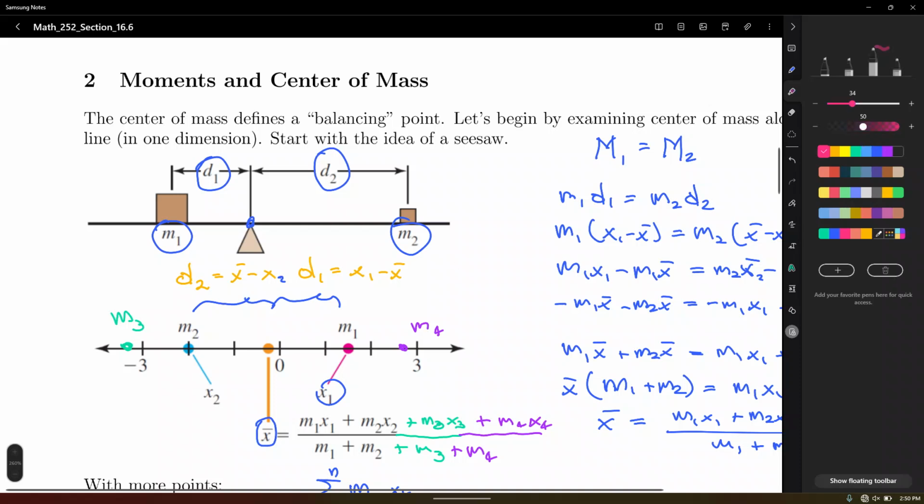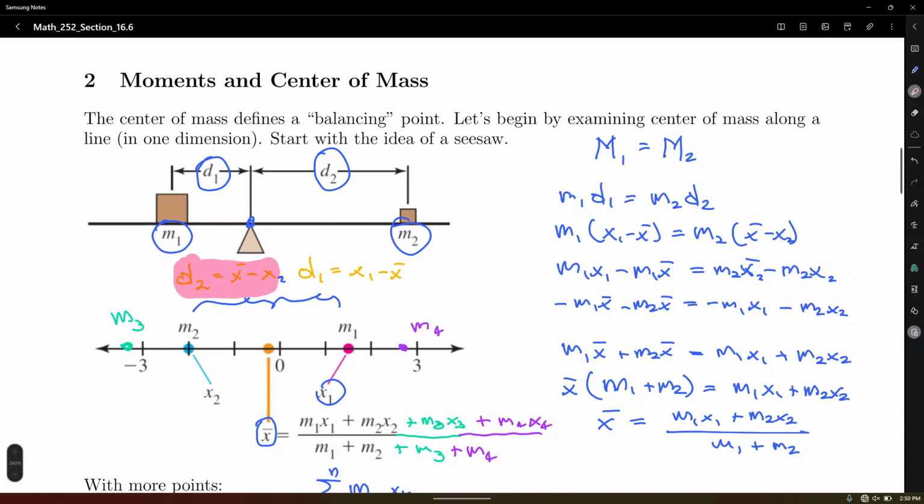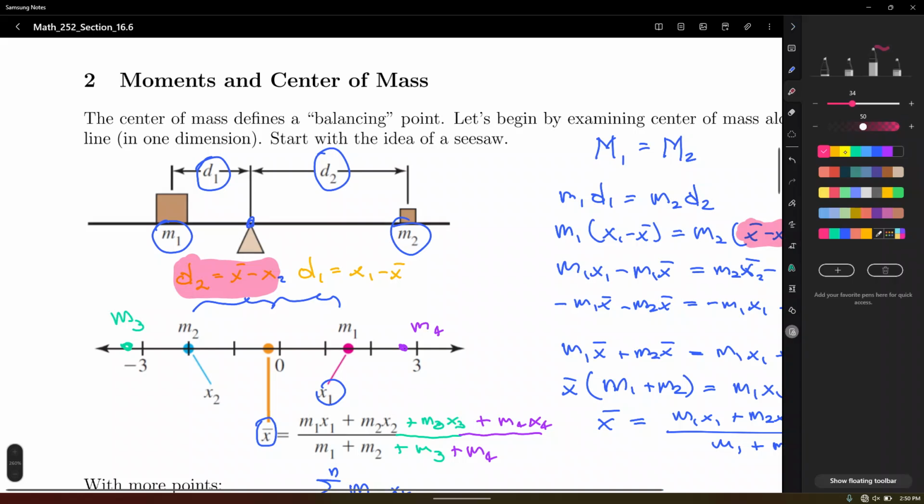So this will be d2 equals x bar minus x2, and the distance 1, that is x1 minus x bar. Okay, so that's going to be this distance.